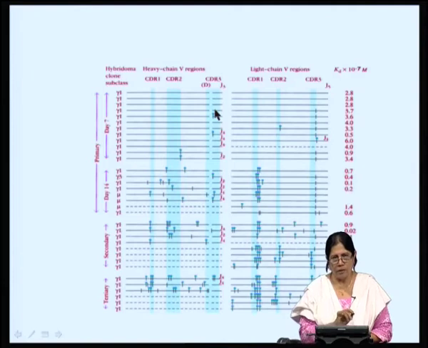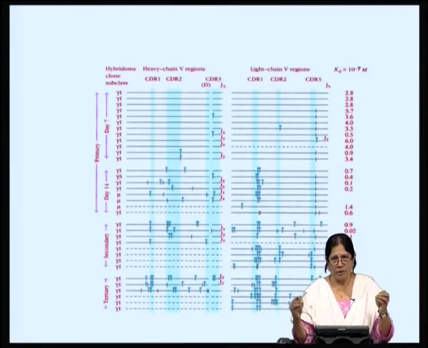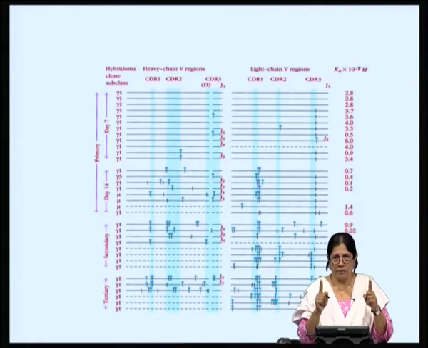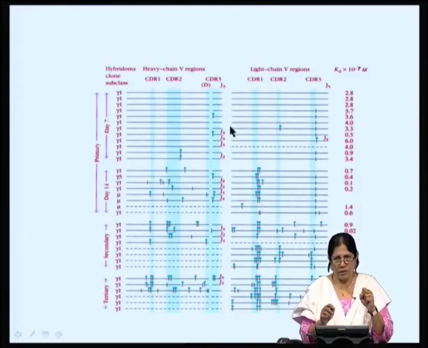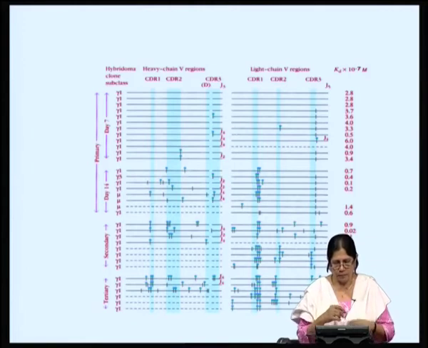I have not discussed these 3 regions, but suffice here to say that both heavy and light chains have 3 hypervariable regions even in the variable region, and as the name suggests, you have tremendous variability in these 3 regions, and it is through these regions that antigen binding takes place.